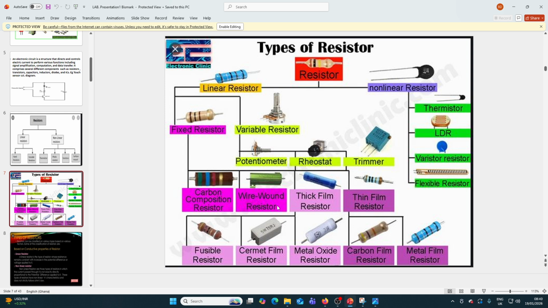For example, on the thick film, cement film, and metal oxide, you see that the value is inscribed here. For example, you see here 5W75RJ. It means that with this cement film, the value of this resistor is 75 ohm, and the wattage is 5 watts.